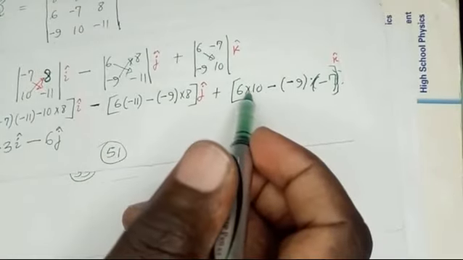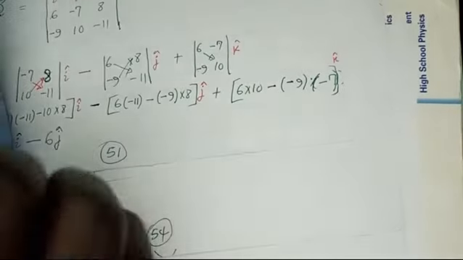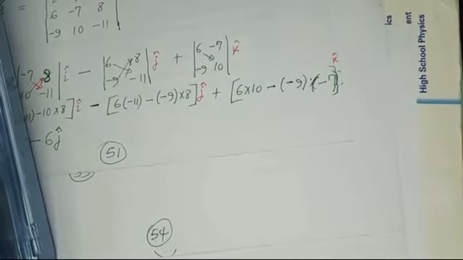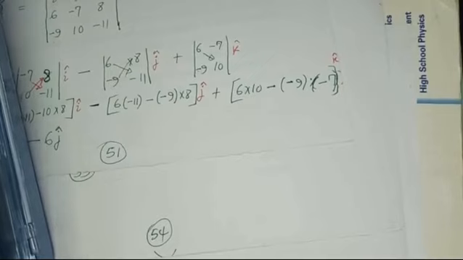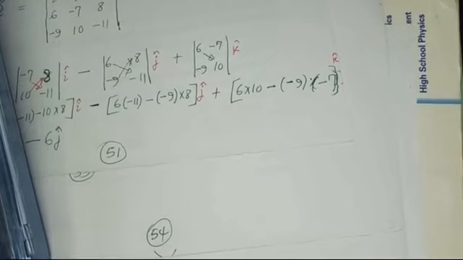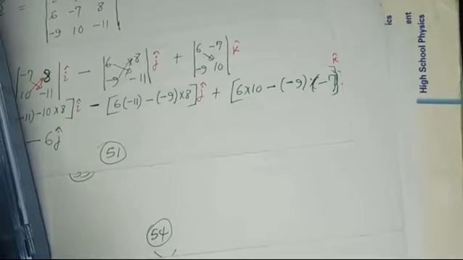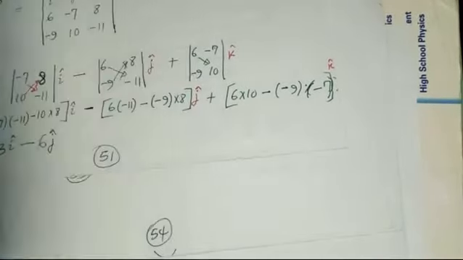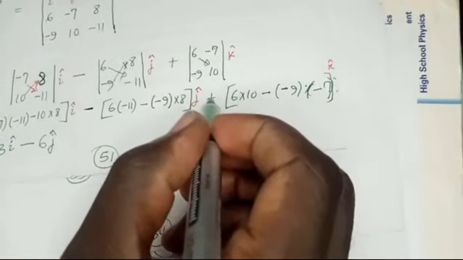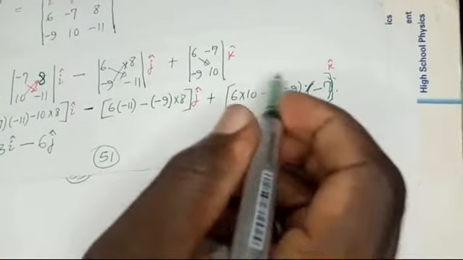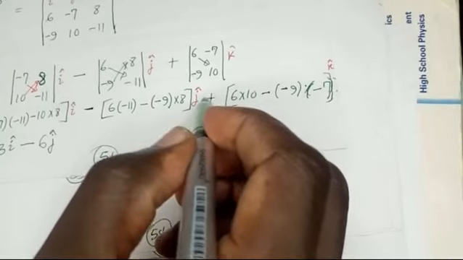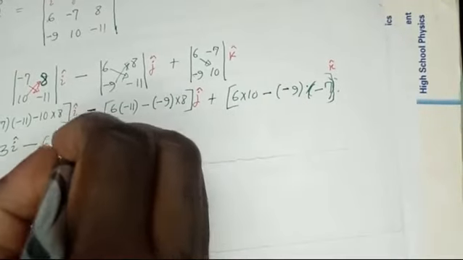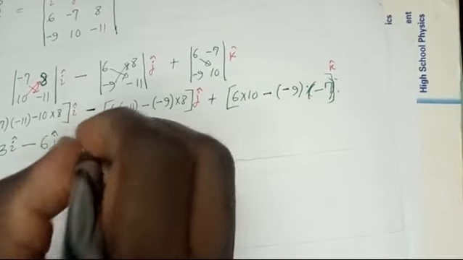Then what about this one? What is in the bracket here? I have 6 times 10 minus, open bracket, negative 9 close bracket, open bracket again, negative 7 close bracket. You press equality sign, you see you have minus 3. Since this one is plus, plus times minus is minus, so this is minus 3 K cap.